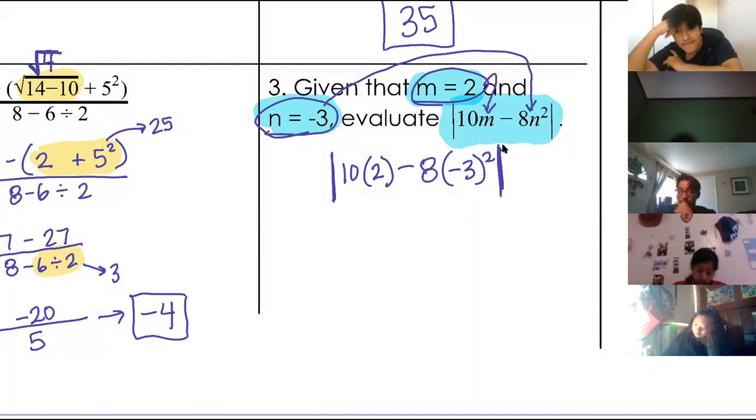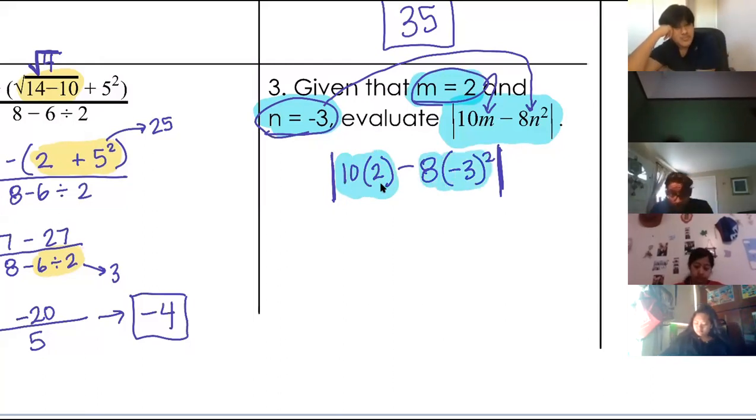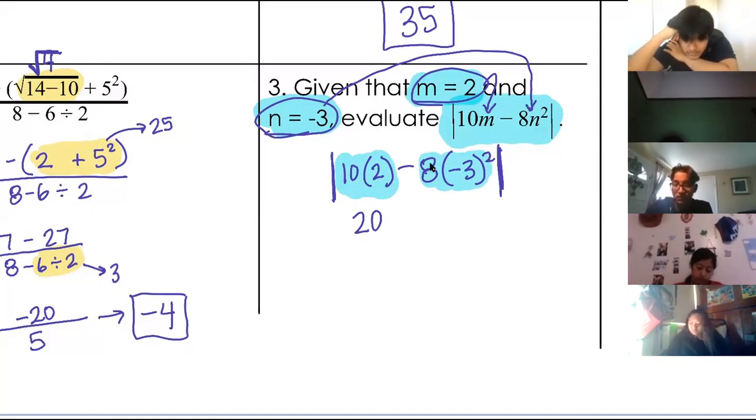So this absolute value is another grouping symbol, right? So we want to work inside of it first. What would I do first here? Multiply 10 by 2. Exponents. We can do two groups. There's this group over here, and then there's also this other group over here, right? So I can do 10 times 2, that's fine, 20. But within this group, these things that are being multiplied together, I want to do that exponent first. I heard someone say that. So -3 squared, that's -3 times -3, which is 9.